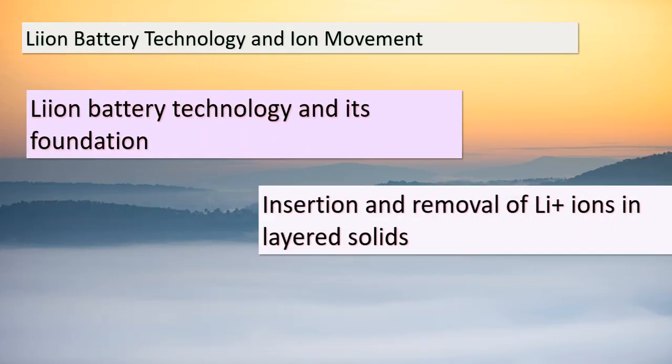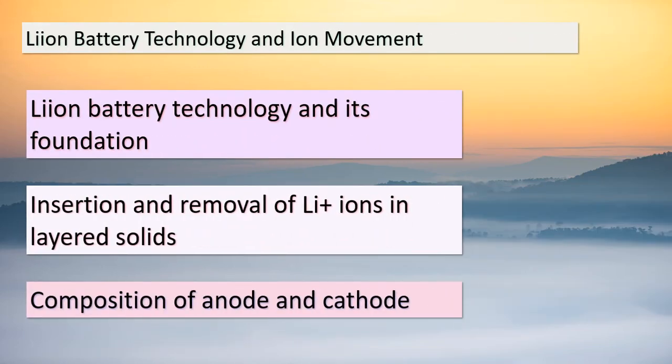Welcome back, students. In today's lecture, we're delving into the remarkable technology behind lithium-ion batteries, a fundamental component of modern portable electronics. Our journey takes us into the world of ion movement within layered solids. Imagine the intricate dance of Li+ ions as they insert into and exit from specific layered materials. These batteries consist of two main components: the anode and the cathode.